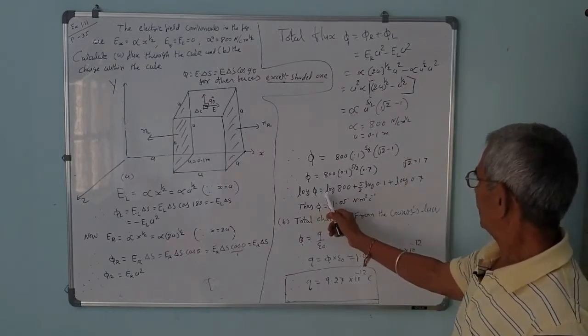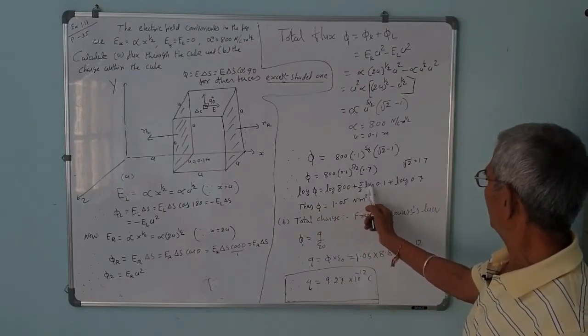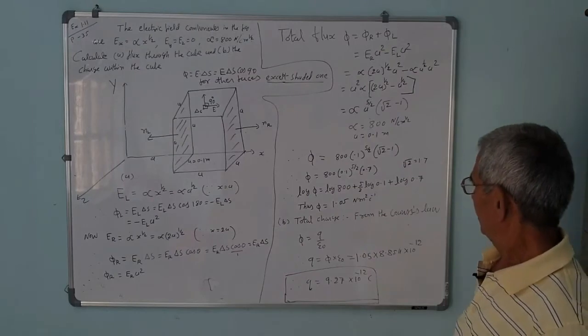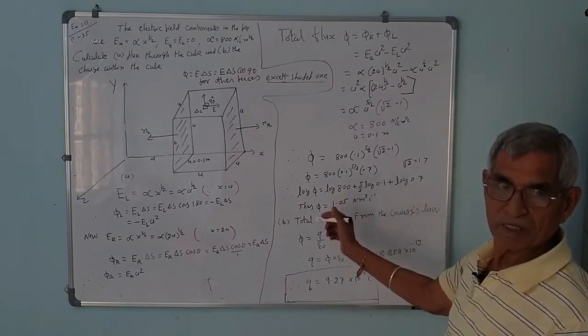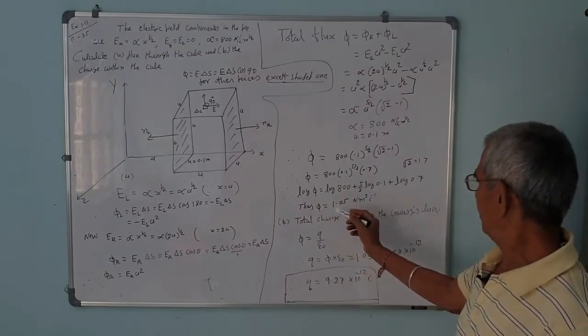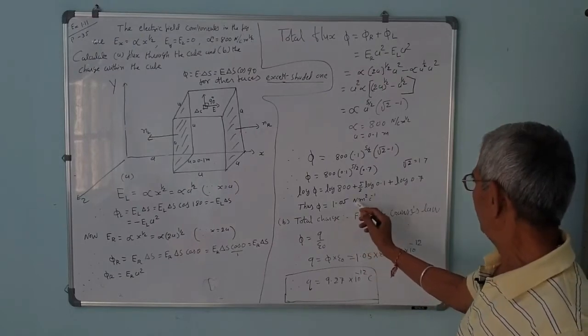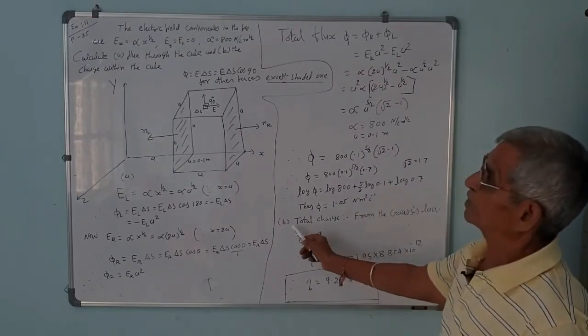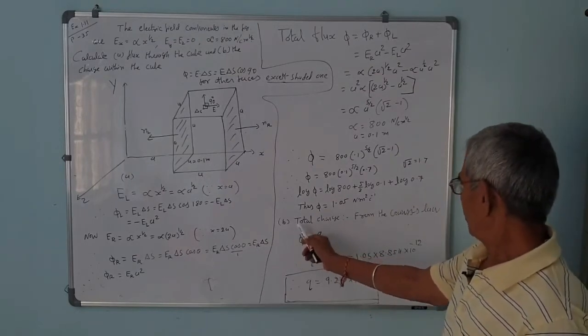Calculated by the log method, log phi is equal to log 800 plus 5 by 2 log 0.1 plus log 0.7. Calculate this, and from the log table, that will come about 1.05 Newton meter squared per coulomb. Now next part, B, total charge.